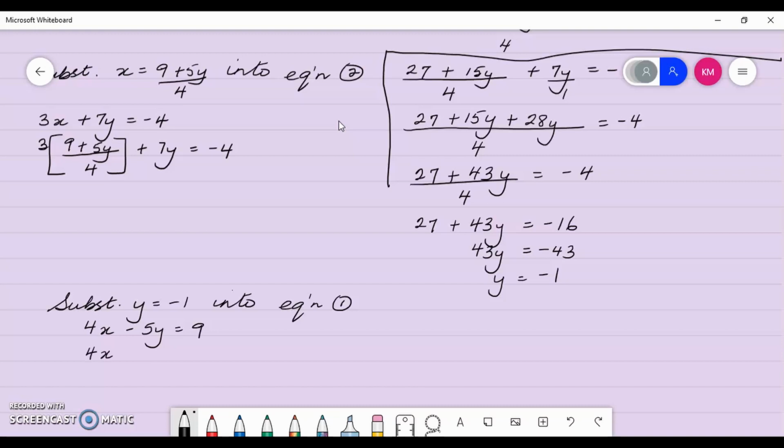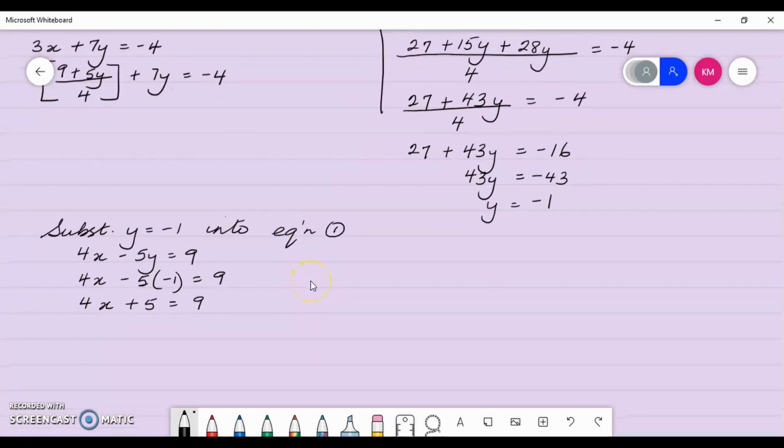So I'm going to get 4x take away 5 multiplied by negative 1 is equal to 9. 4x plus 5 is equal to 9. So I'm going to get 4x is equal to 9 take away 5, that is going to give me 4. x is 1. So for that second question, your solutions are x equals 1 and y equals negative 1.